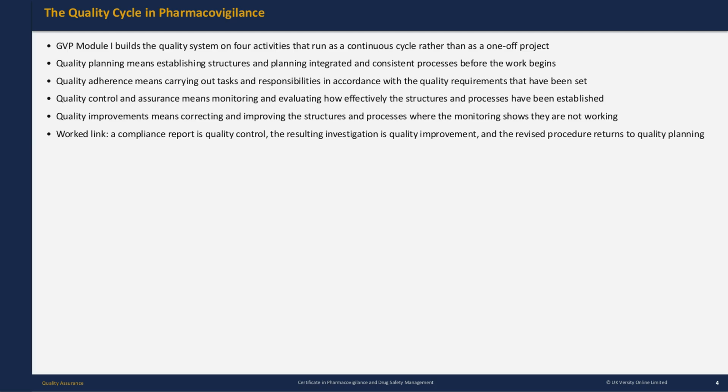Quality planning means establishing structures and planning integrated and consistent processes before the work begins. Quality adherence means carrying out tasks and responsibilities in accordance with the quality requirements that have been set. Quality control and assurance means monitoring and evaluating how effectively the structures and processes have been established.